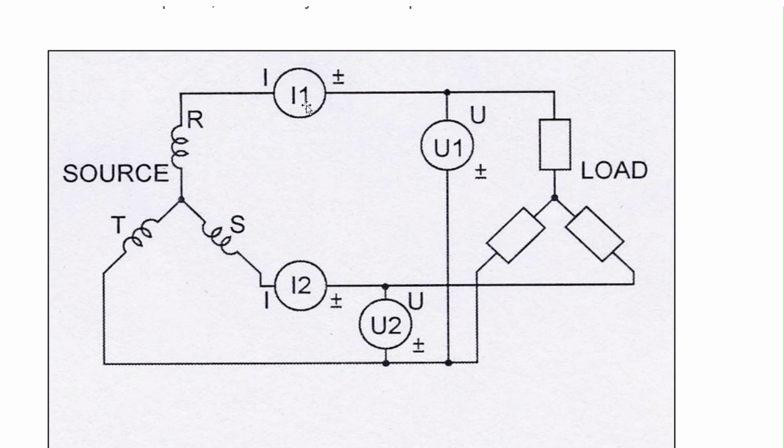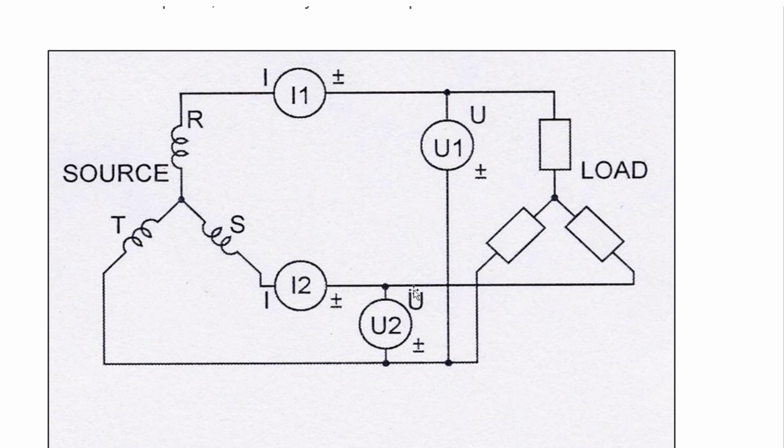And on the circuit, we have employed I1 to measure the current, and I2 to measure the current of R phase and S phase here, basically. And then we are measuring the voltage between R and T, and here we are measuring the voltage between S and T. So T is the common terminal, and we are measuring the voltage between R and T and S and T.